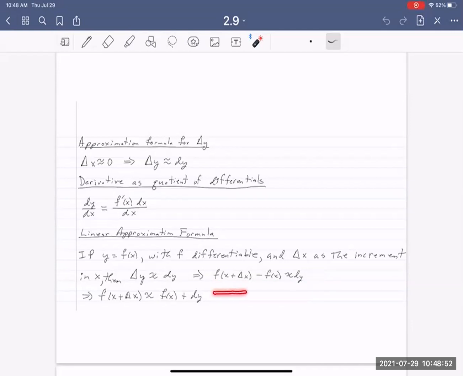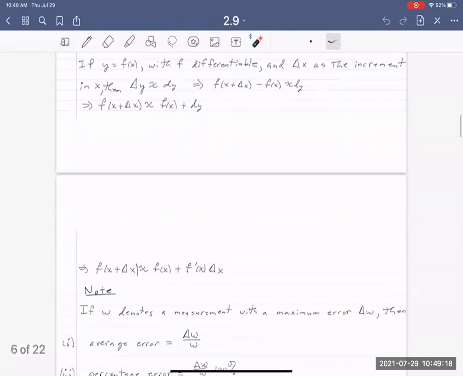So f of x plus delta x minus f of x is approximately dy. So that says that you can approximate f of x plus delta x by f of x plus dy. And dy is f prime at x delta x.